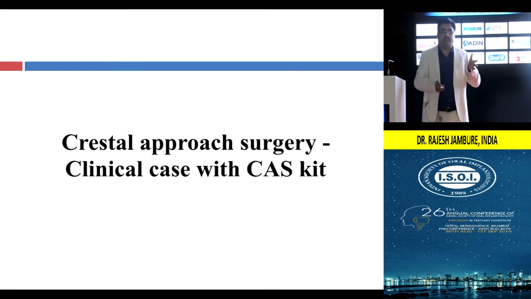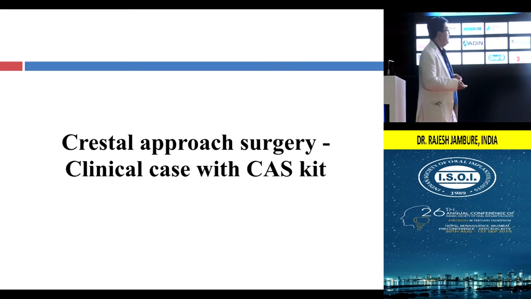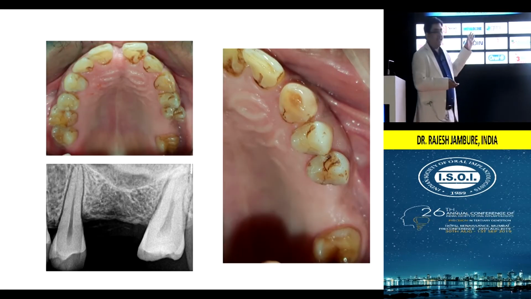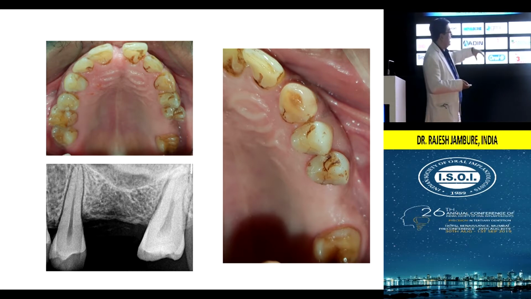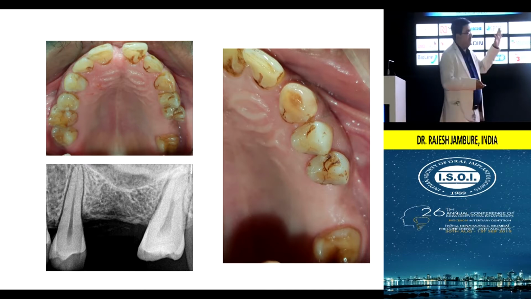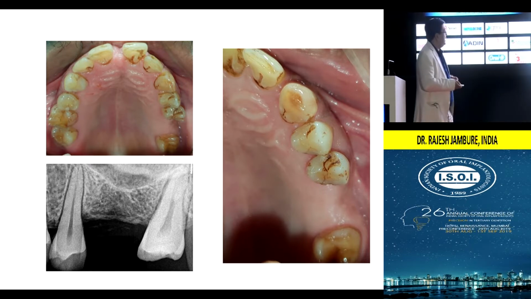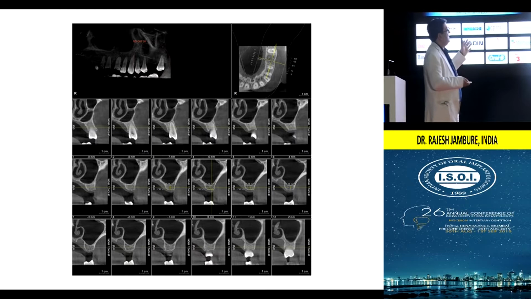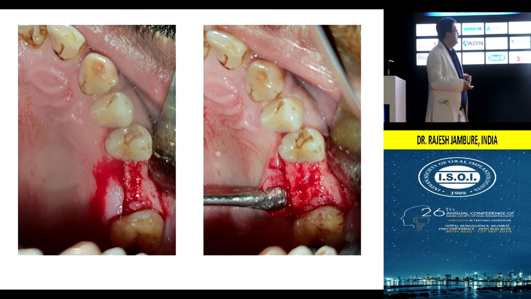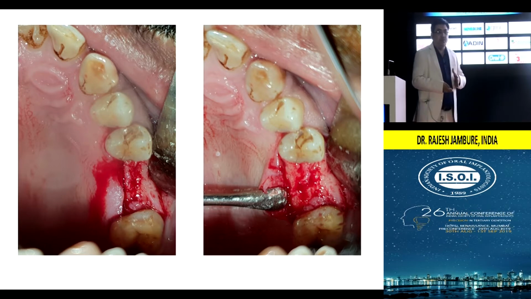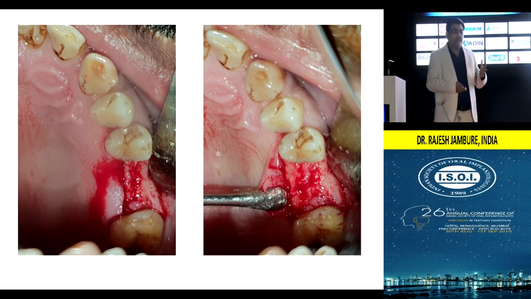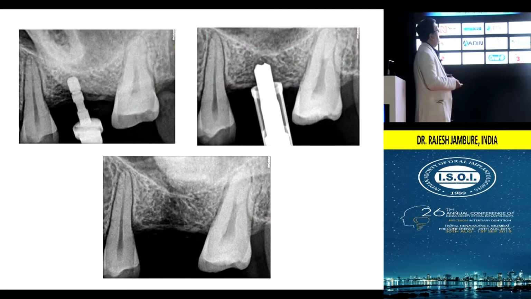Now, let's see what the sinus lift procedure actually is, which is done with the help of a kit in this case. Here you can see the remaining bone height is almost 4-5 mm, missing the 2-6 region, and this is the CBCT showing the remaining bone height, which is around 4 mm. It's a simple procedure, crestal approach, like how you regularly place implants.